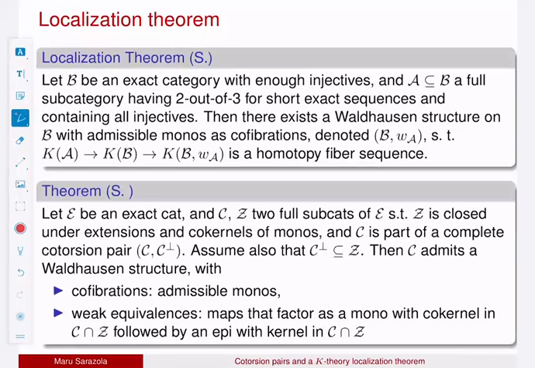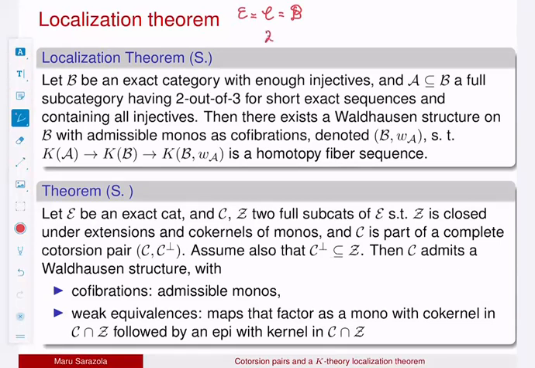And what we're going to do is determine who the relevant classes need to be. So our theorem builds a Waldhausen structure on the category C. That tells us that C is going to be B for us, because that's where we want to define the Waldhausen structure. And we're going to let the ambient exact category be B as well.